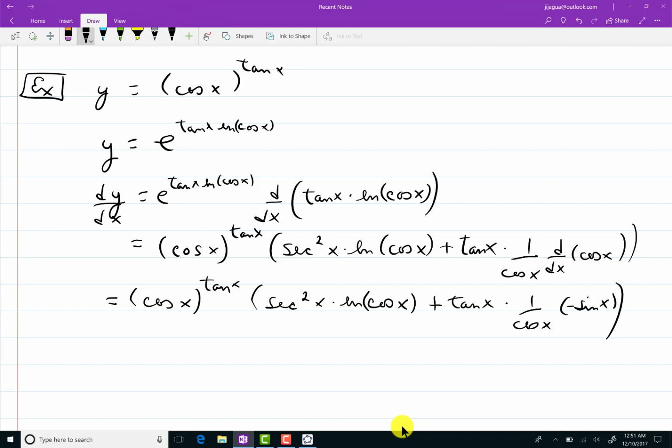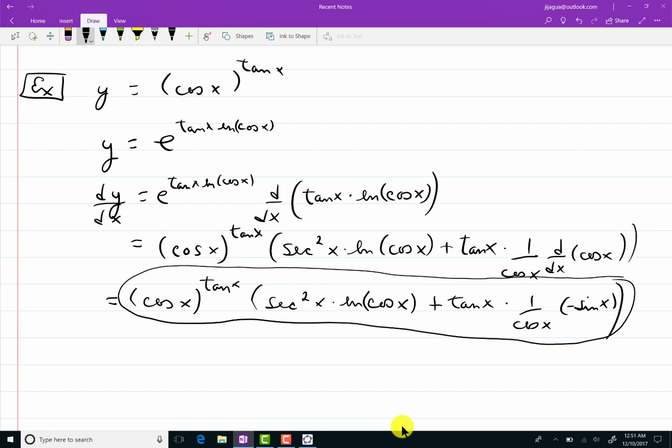And once again, that is perfectly fine. I make only the note that this back piece over here could have been simplified to negative tangent squared of x, but I'll leave it at that.